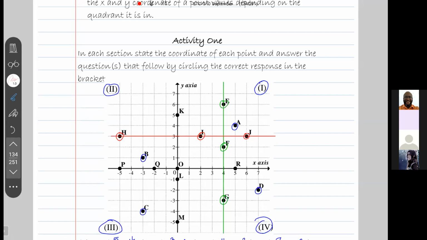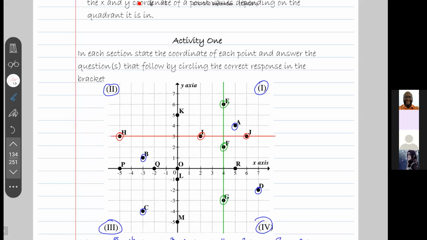All right, so write down the coordinates of H, I, and J very quickly, guys. And if you're following, you put it in the spot that is designed to put it.